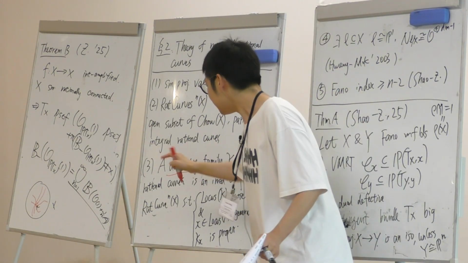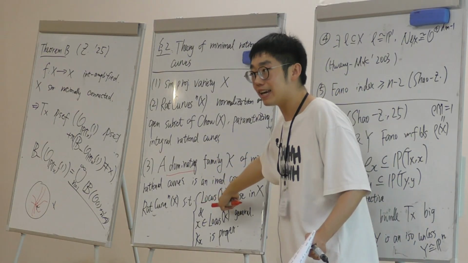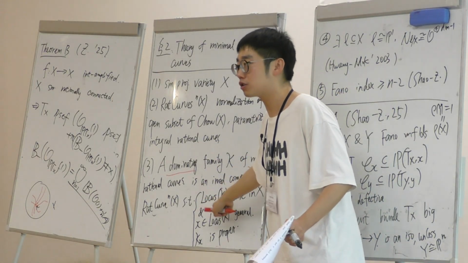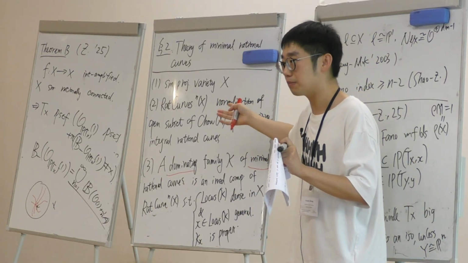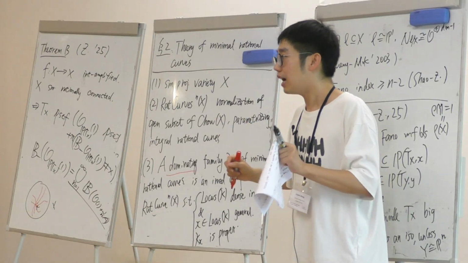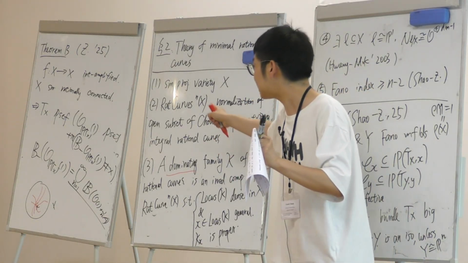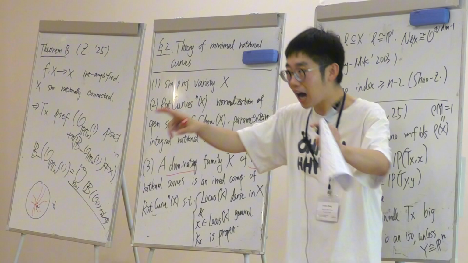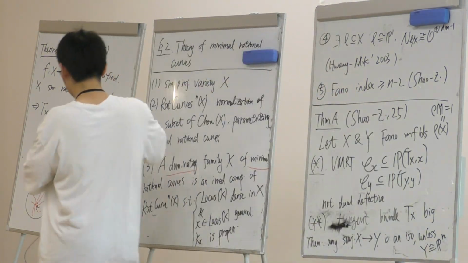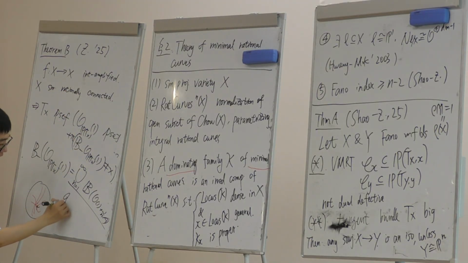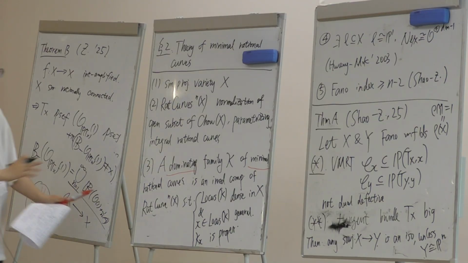Dominating means the locus of K covers X. K is a component of the parametrizing space of rational curves, and if we collect all the elements inside this K, then it should cover the whole of X. Somehow we can imagine this as a universal family over K, with the evaluation map to X, and this has to be dominant. So this is the meaning of dominating.